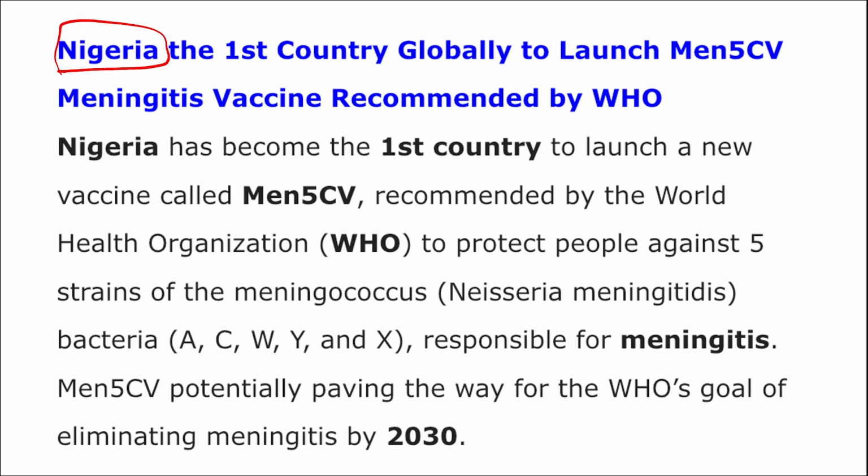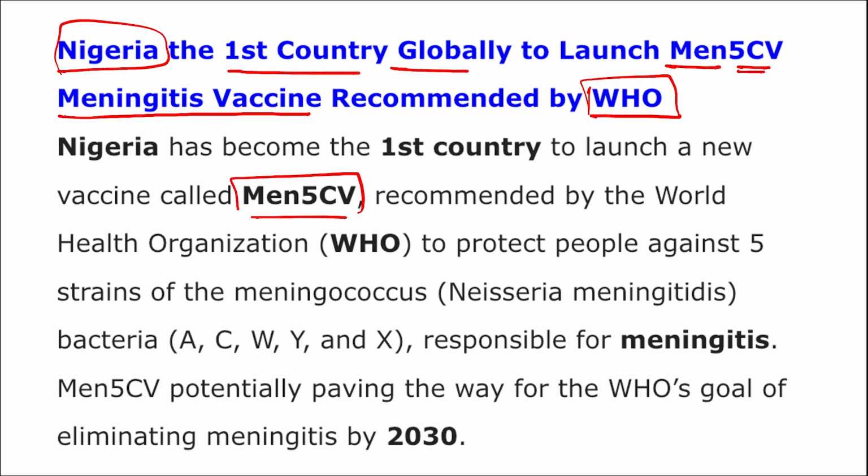Next, we are talking about Nigeria. Nigeria became the first country globally to launch Men5CV. This is a meningitis vaccine that was recommended by WHO. So I repeat, Men5CV. Remember, this is a meningitis vaccine recommended by WHO, and the first country globally to launch this Men5CV is Nigeria, right?